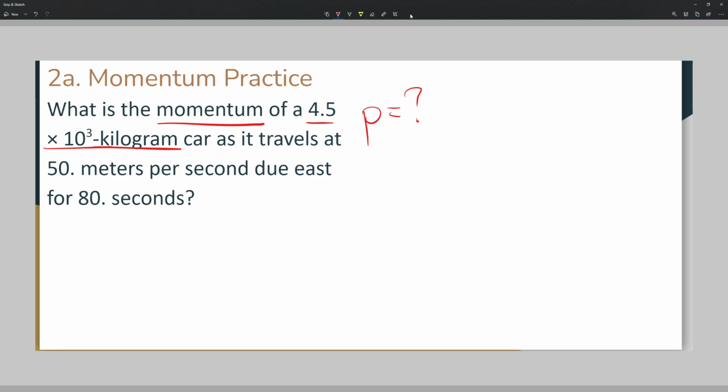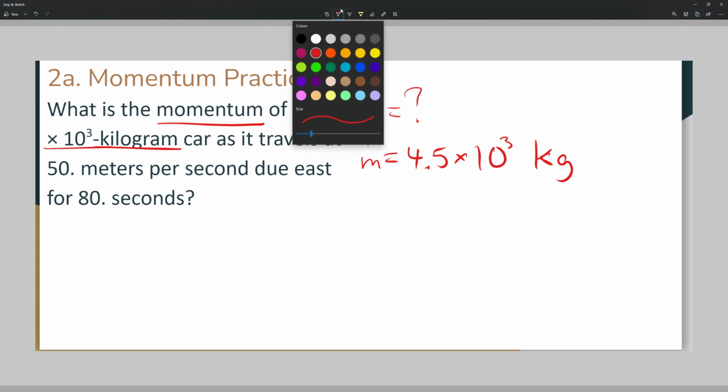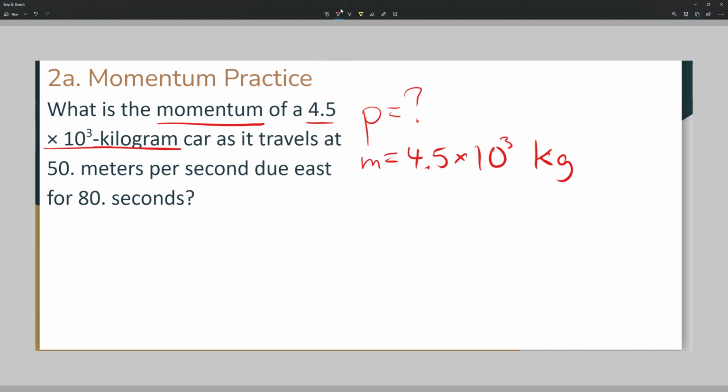They're looking for momentum, and you have a mass, because it says your mass is 4.5 times 10 to the 3 kilograms. And it's traveling at a velocity of 50 meters per second east.